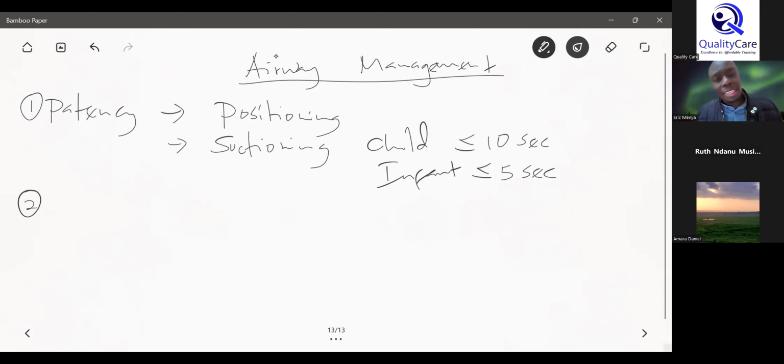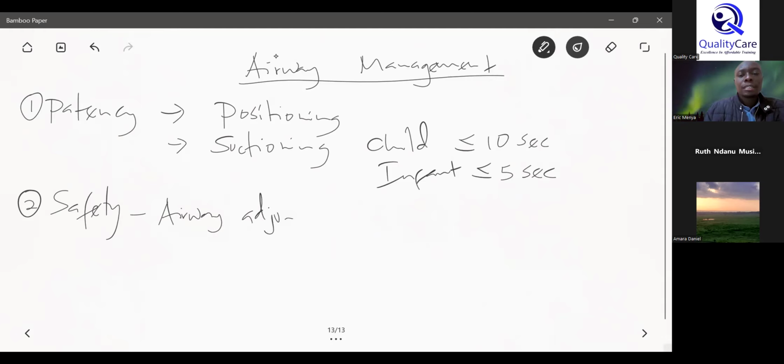The second thing that we want to ensure beyond patency is we want to ensure safety of that airway. Now, the safety of the airway here, we are talking about use of airway adjuncts. So airway adjuncts, we have the basic ones.